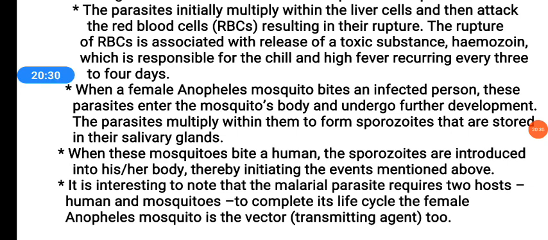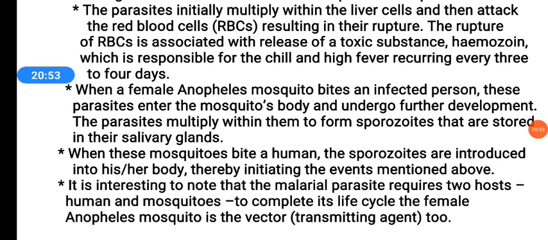When another female Anopheles mosquito bites the infected person, the parasite, specifically the stage called gametocytes, enters the mosquito's body. In the mosquito's body, these gametocytes undergo sexual reproduction.